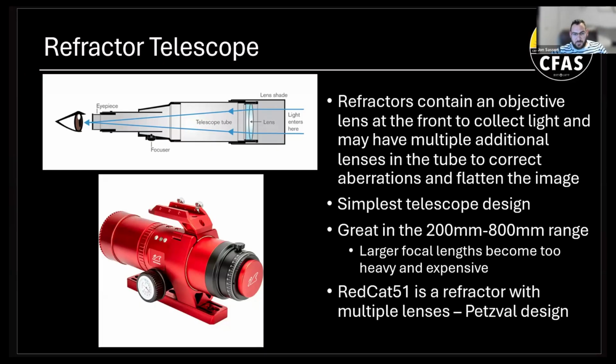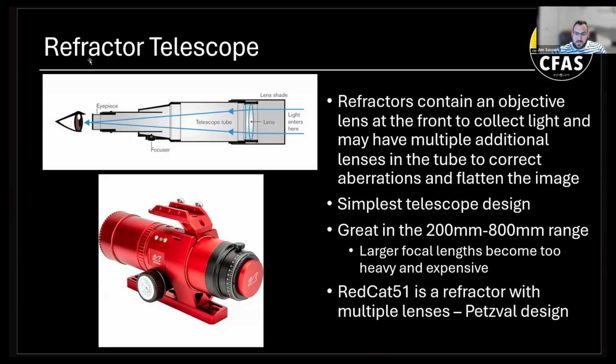So the very popular Redcat 51 has a focal length of 250 millimeters, and it's a Petzval design. I believe it has four or five different lenses on the inside and gives you a flat image. Or you can get a bigger refractor for almost the same amount of money that only has two or three lenses. So the more lenses, the more expensive it is.